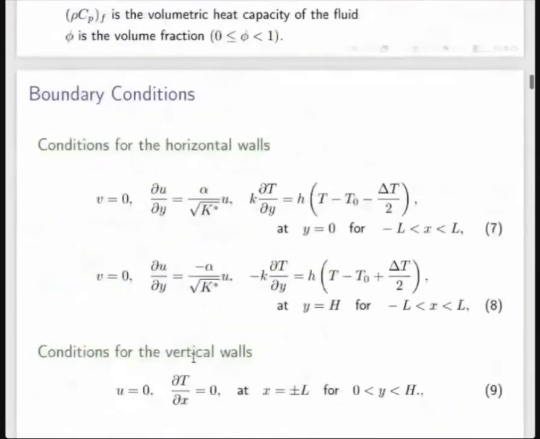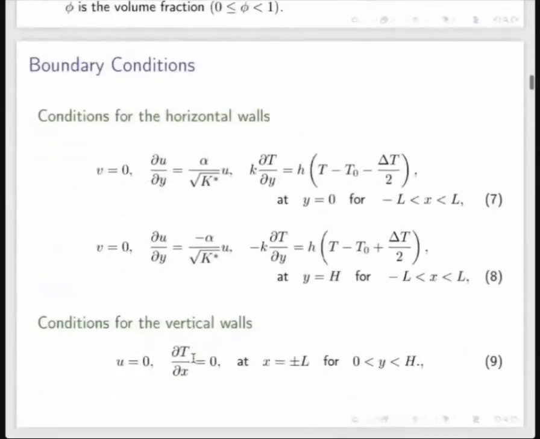So, okay, now coming to boundary conditions, since the upper horizontal boundary and the lower horizontal boundary are exchanging fluid with the surroundings, the boundary conditions are modeled using what are called Beavers-Joseph conditions. Okay, and this v equal to 0 is the condition due to no vertical throughflow.